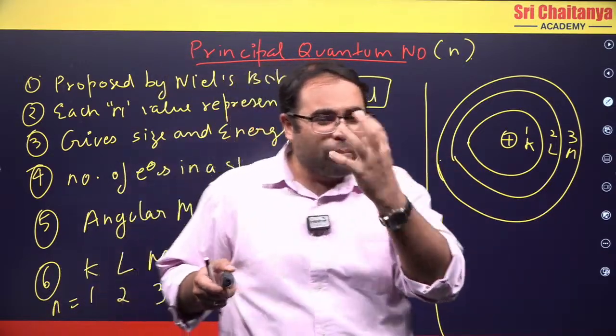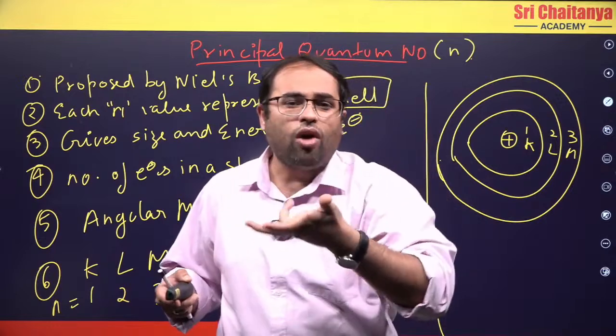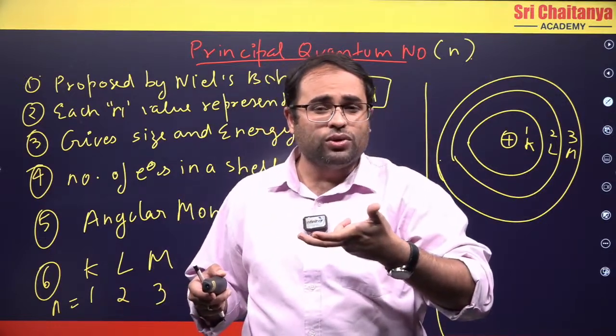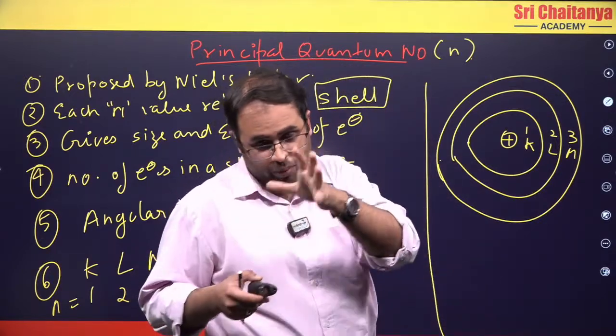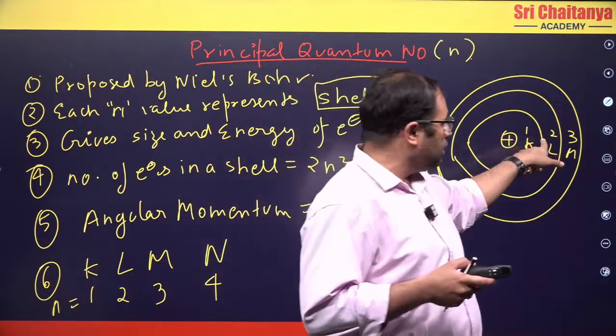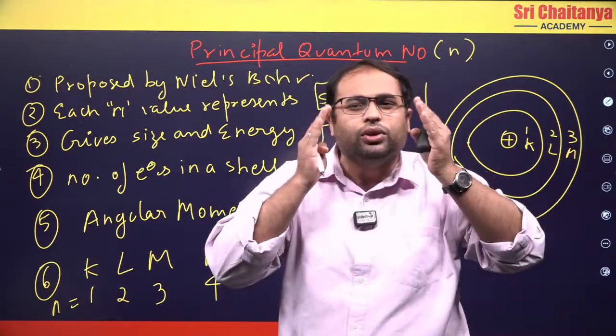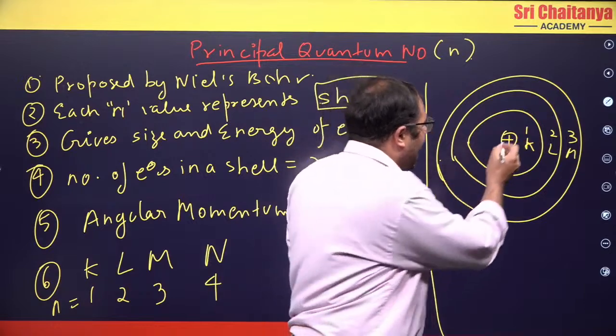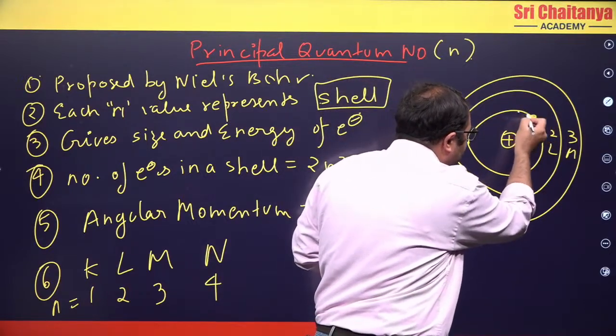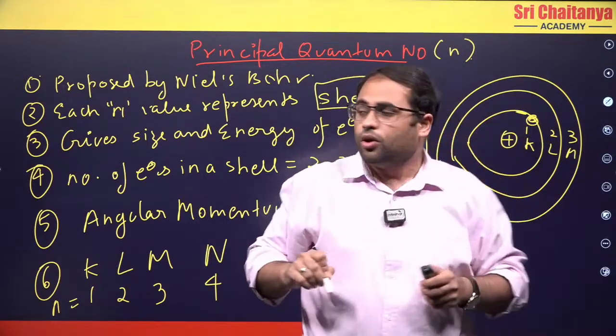So now imagine I'm using a microscope. Earlier you used to see this shell. Now with the microscope we will go more into the details of these shells, as if there is something else in this one shell also. What is that?